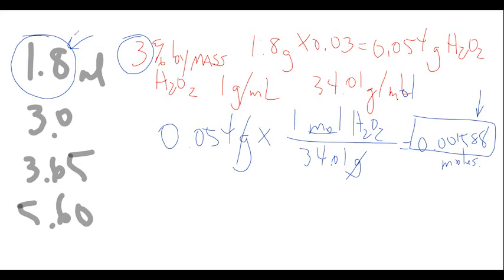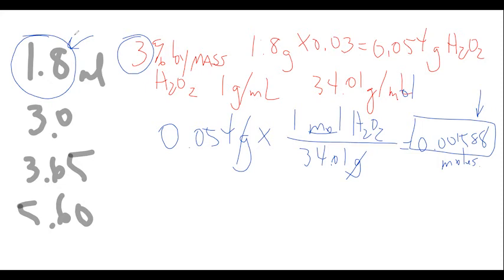Don't do any rounding till you get to the end. It's one of the major sources of error I notice in chemistry students' calculations. They will measure mass to 4 significant digits, and then round to 1 and then do a calculation. That doesn't make any sense. So that's how many moles of hydrogen peroxide I have.